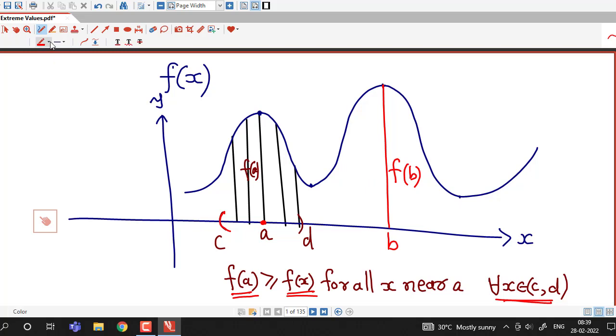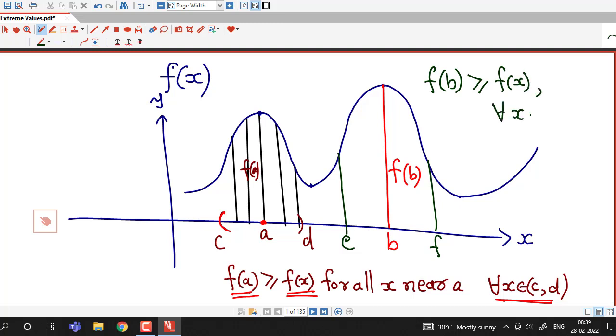We can consider this interval from e to f, then we can say that the value of the function at x equal to b is greater than or equal to f(x) for every x in this interval.